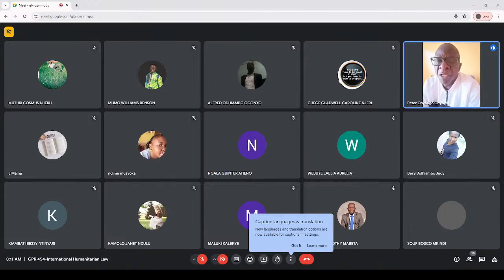But alongside the law, we also need to be aware of the principles. The principles of IHL are well stated in customary humanitarian law, that is international customary humanitarian law, as well as across the 4 Geneva Conventions and the protocols.